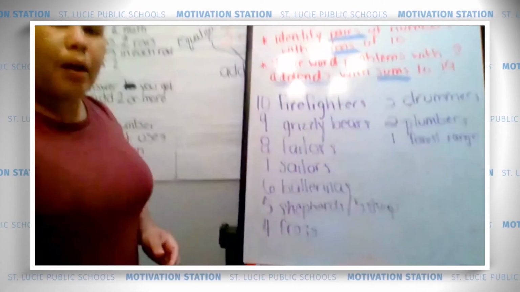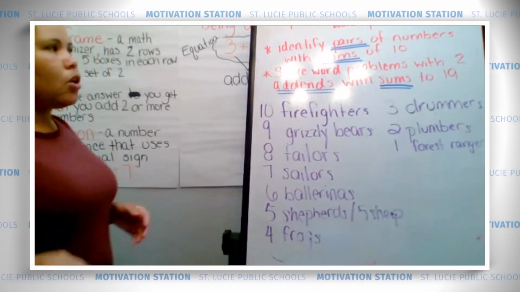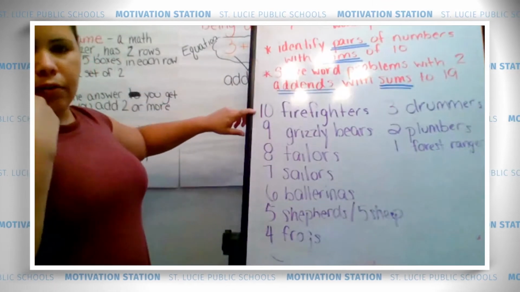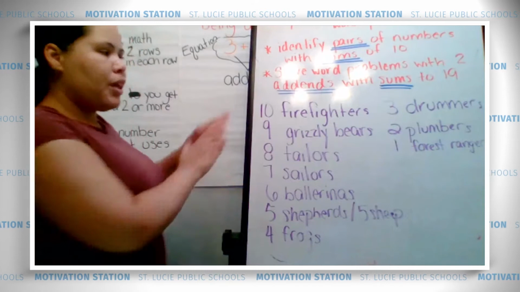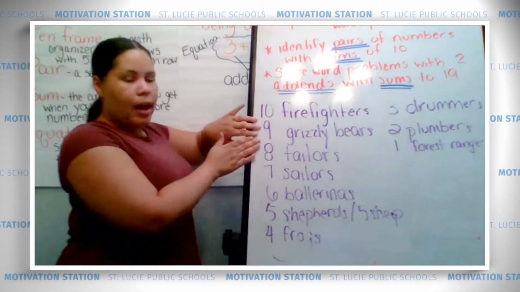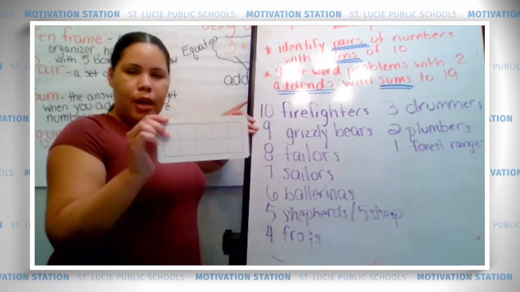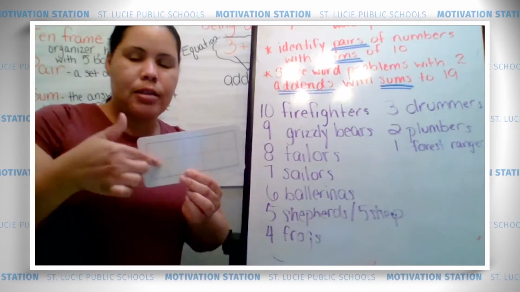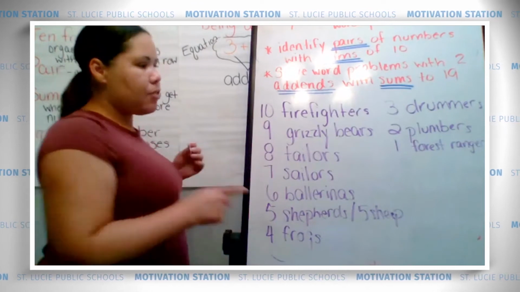As we were reading about these characters, we had lots of combinations that gave us a sum of 10. 10 firefighters. Well, 10 by itself makes 10, so we left the firefighters alone. But when we had 9 grizzly bears, if we think back about our ten frame, if we filled in 9 of these spaces to represent our grizzly bears, there would only be 1 space left.